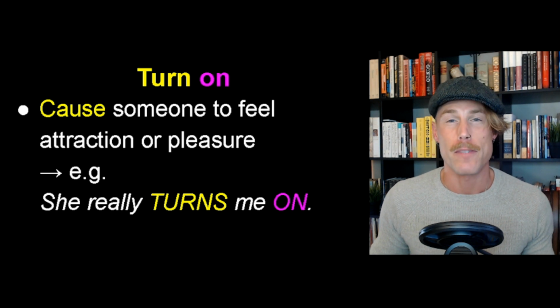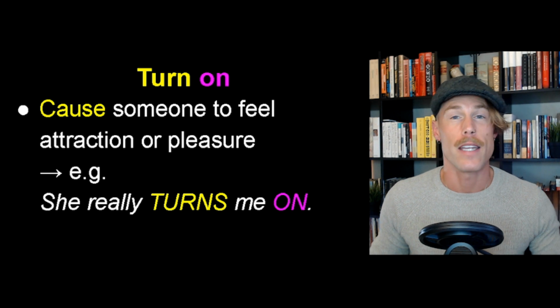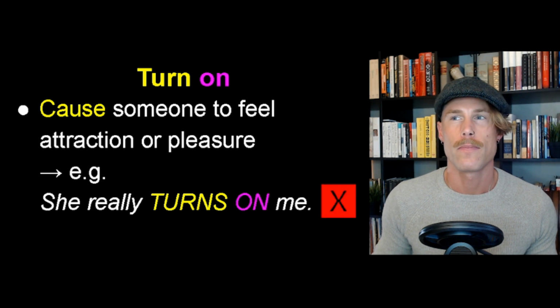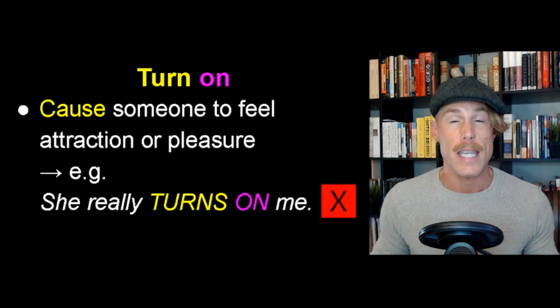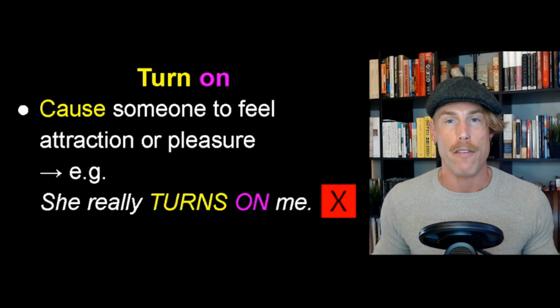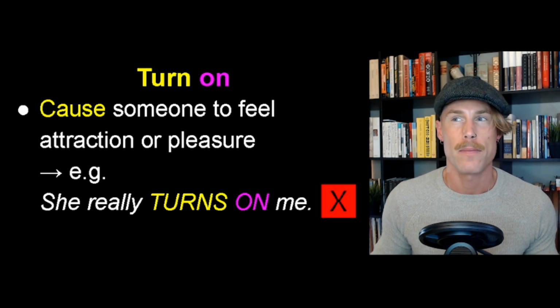She really turns me on. Yeah. So this is in a romantic way or a sexual way. And if I say, she really turns on me, this is not correct. It doesn't have that meaning anymore. Okay? It's a different meaning. We will talk about that in a moment.